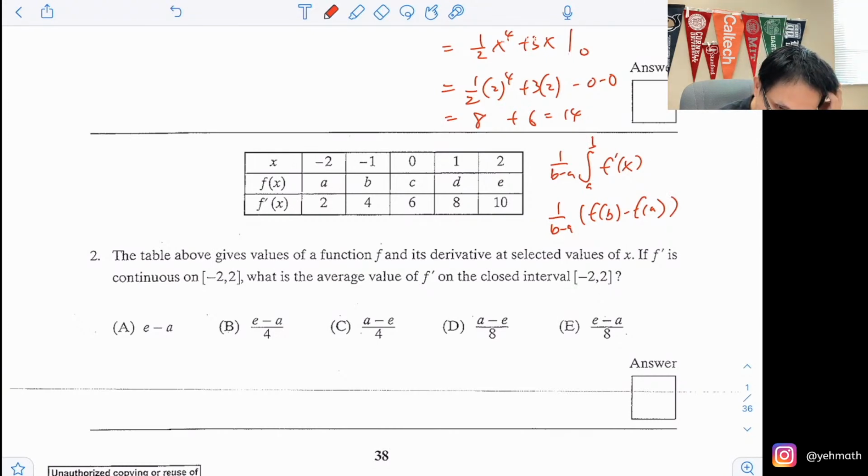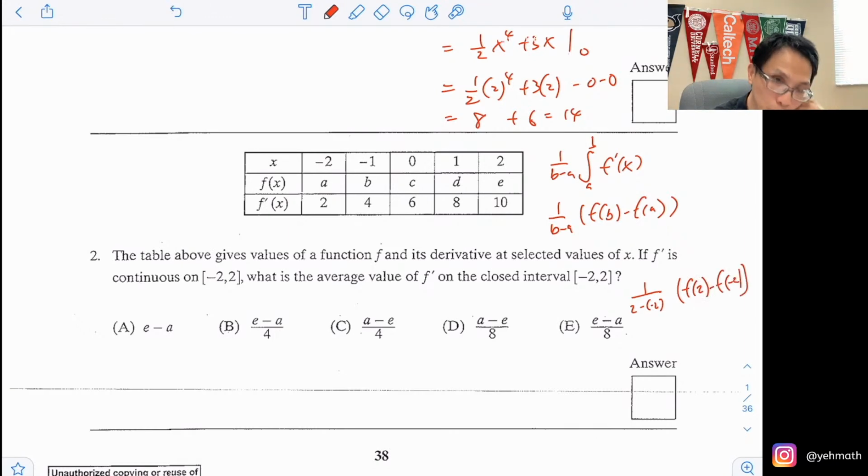And then f of b is equal to what? Well, that means 1 over 2 minus -2, the integral from -2 to 2 of f prime, so it's going to be f of 2 minus f of -2.